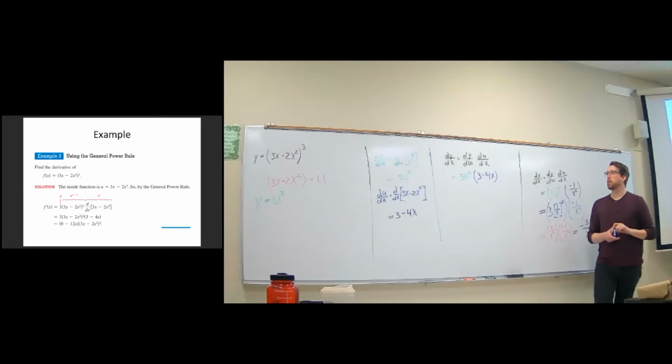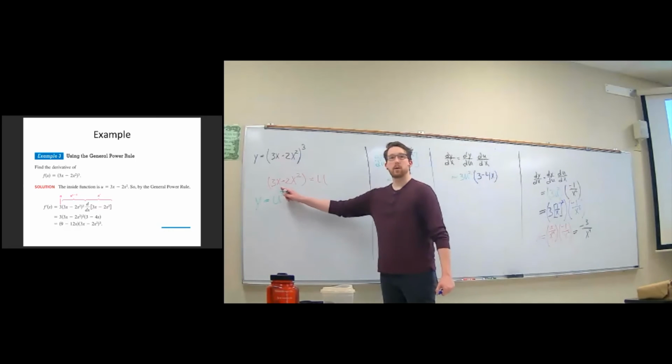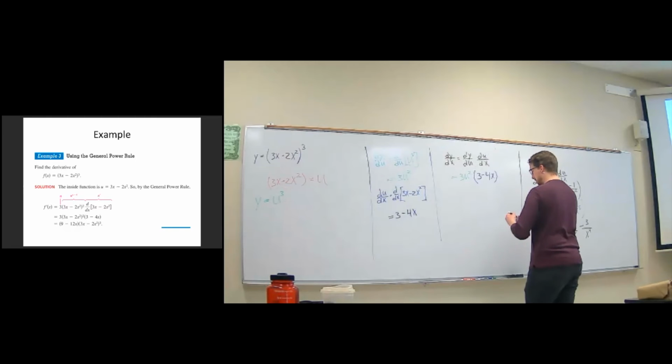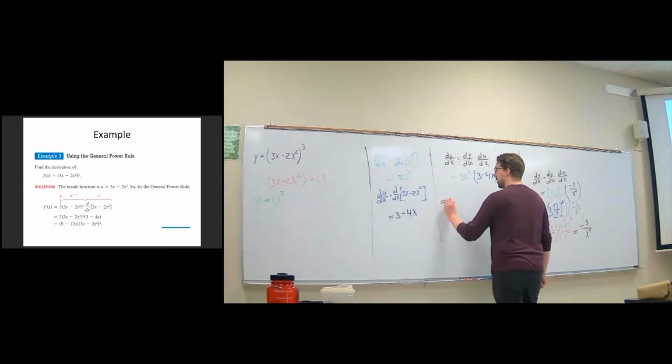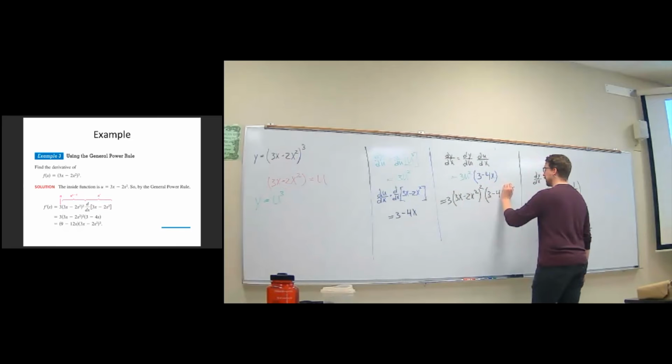Well, what was u? U, we said, was this thing over here, right? So this is 3 times 3x minus 2x squared, that quantity squared, times 3 minus 4x.